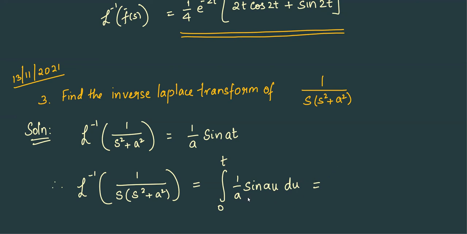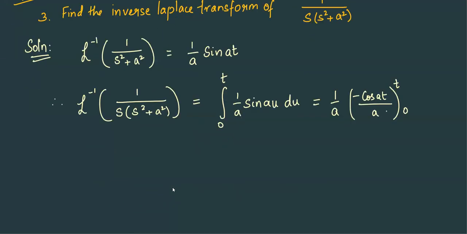So now integral of sine is minus cos. So minus cos au upon a, from 0 to t. So this is 1 by a square.